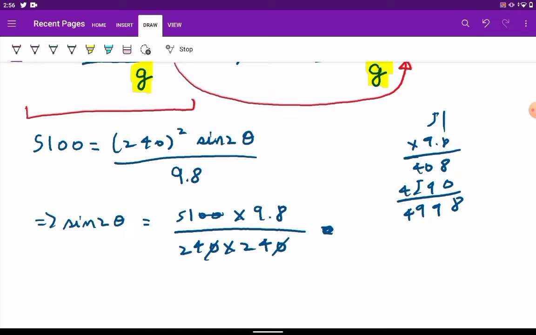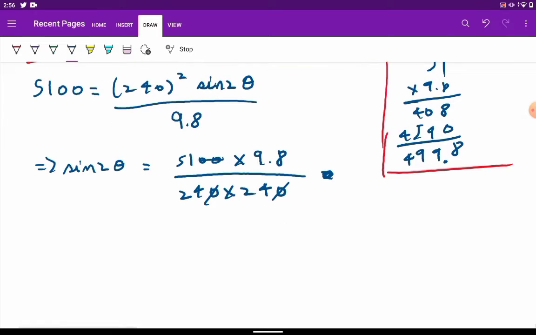Okay, this is rough work. Sorry, it is 499.8, my bad. So 499.8 divided by 576.